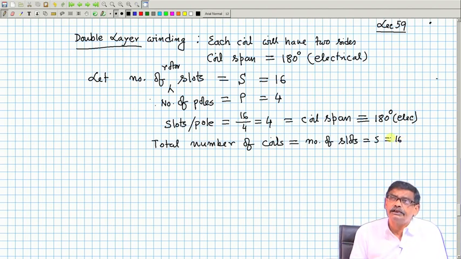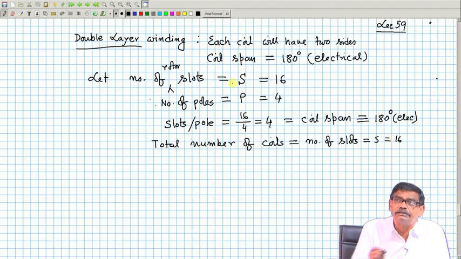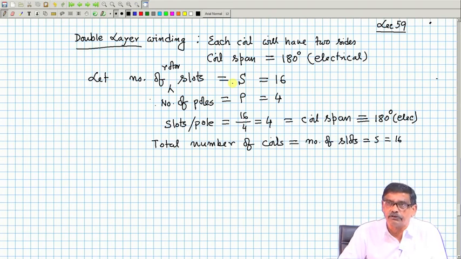Because each coil requires two coil sides. How many coil sides will be there? 32, because each slot will carry two coil sides. Therefore, number of coils will be half of the coil sides, that is 16 itself. So, in general, whatever is the number of slots, that will be equal to the total number of coils I can put on the periphery of the rotor slots.